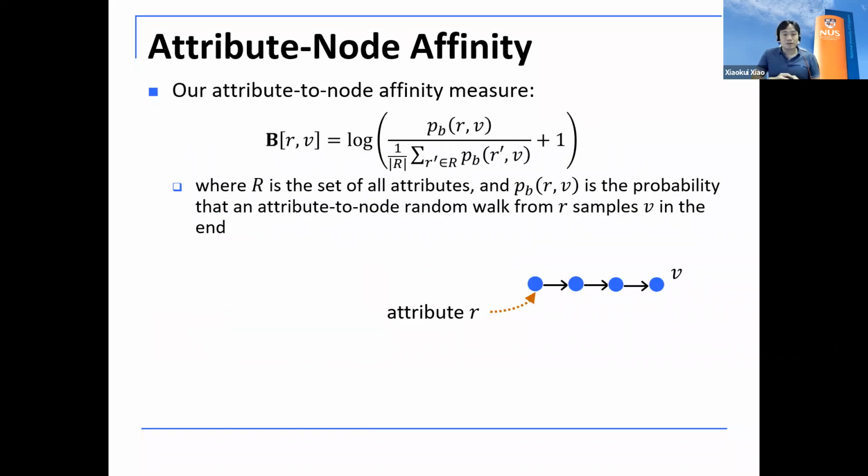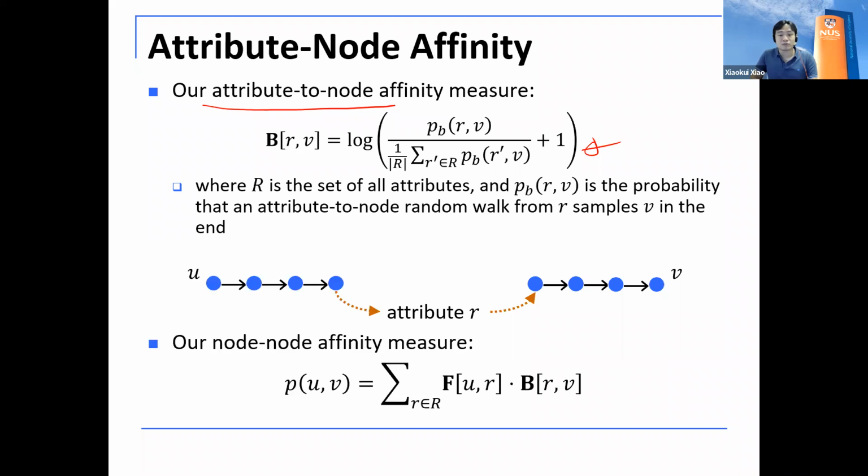Okay, so since we have some random walks from attribute to node, we also formulate an affinity of attribute to node based on a similar formulation that we had previously about node to attribute affinity. And then once we have these two notions of affinity, we can model the node-to-node affinity by combining these two affinity measures.